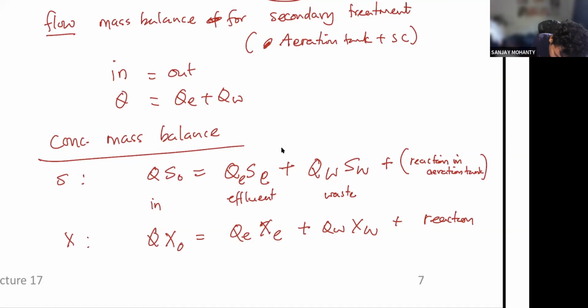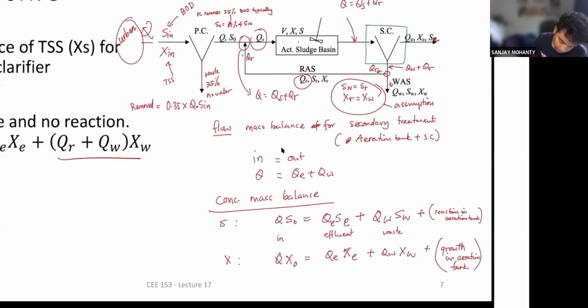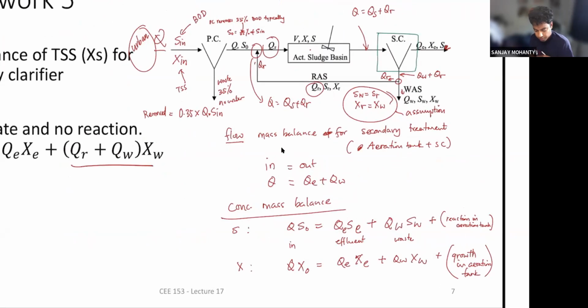To make it more accurate, I'm writing growth, because that's what happens in the aeration tank. That's where it grows. So this is how you can do it for the entire thing.